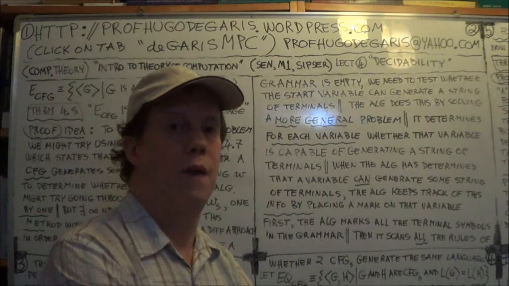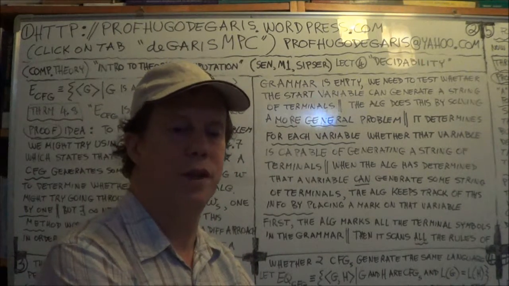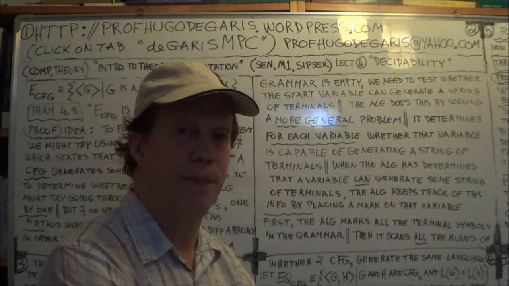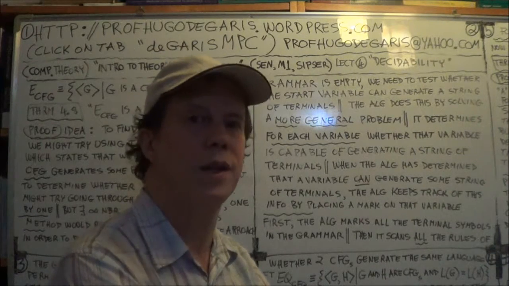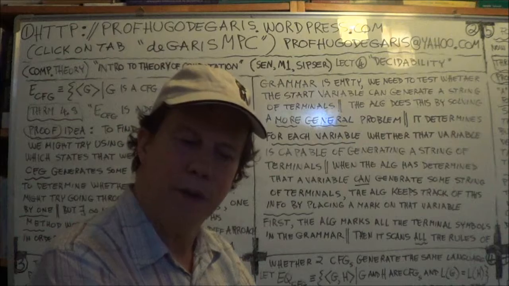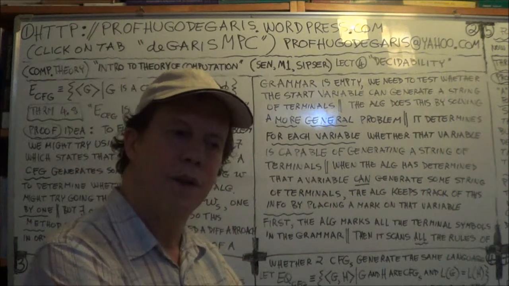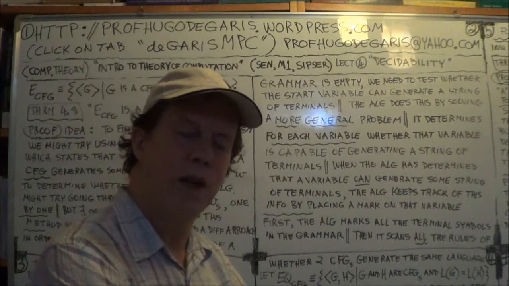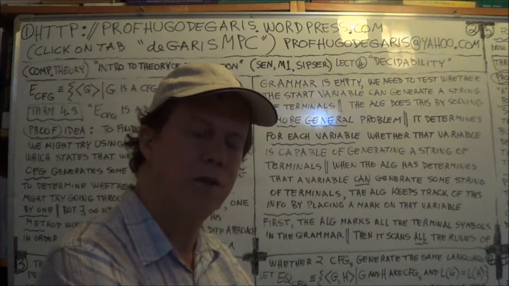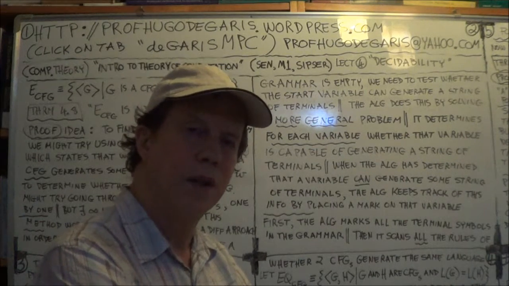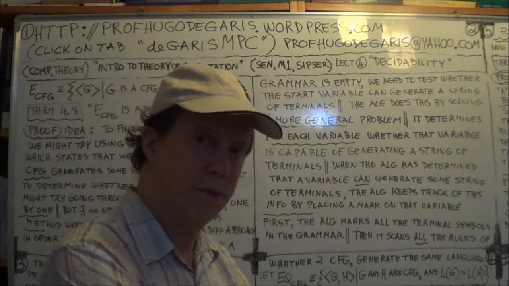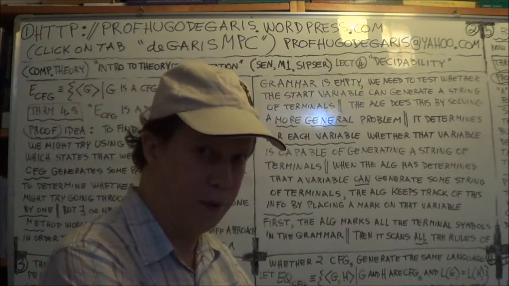Aha. Okay. Well, if you think about it, that's the essence of the proof. Quite a bit between the lines here. But if your starting symbol S is not dotted, then you cannot, and here's the punchline, you cannot generate a string of terminals. Right? Now think about that.